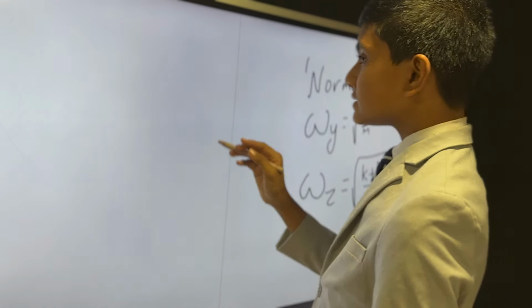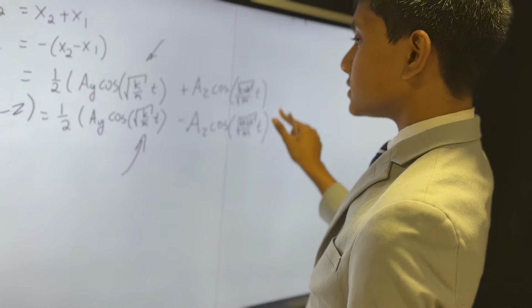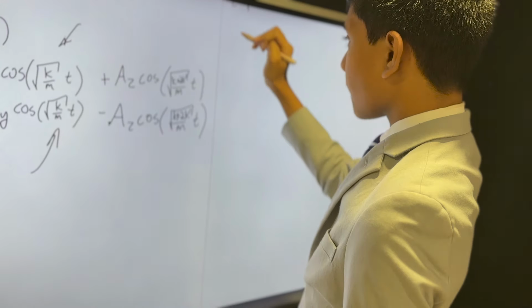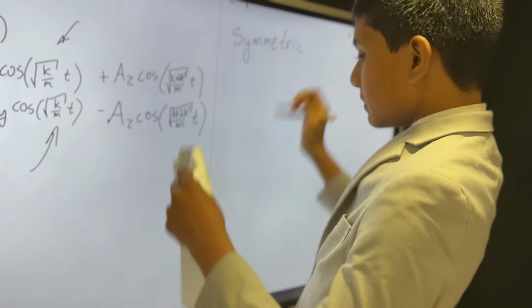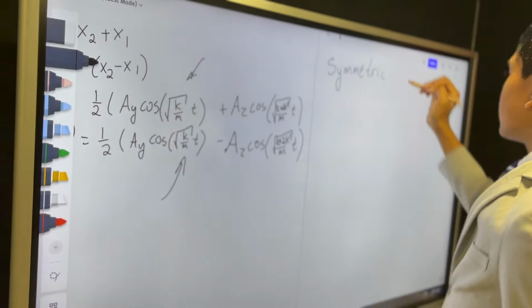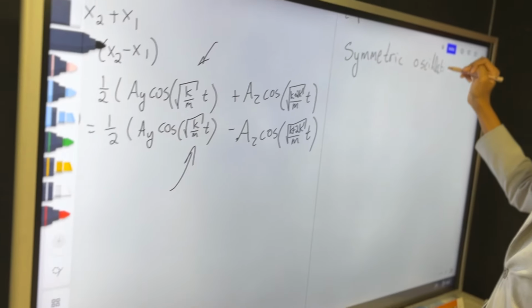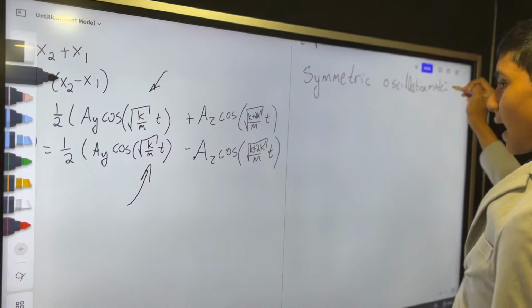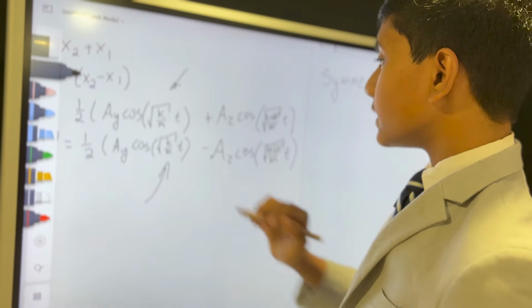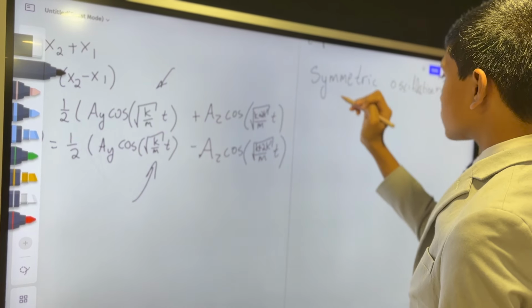And we actually have two very special symmetric and anti-symmetric solutions. So the symmetric oscillation mode is such that ay is equal to 1, or whatever other constant, and az is equal to 0.